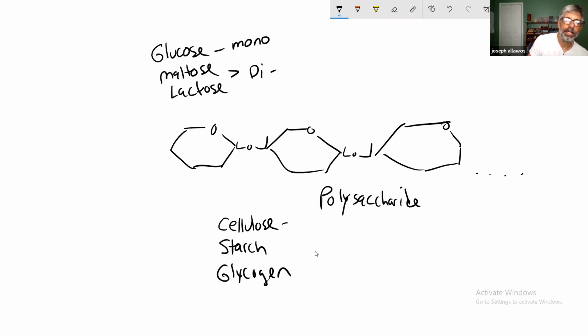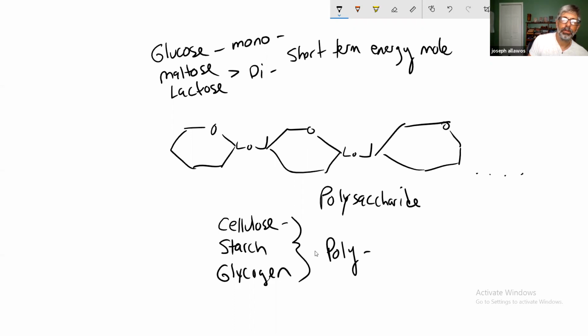Maltose and lactose are disaccharides, and these are polysaccharides. What's the function of glucose and what's the function of maltose and lactose? These are for short-term energy molecules.